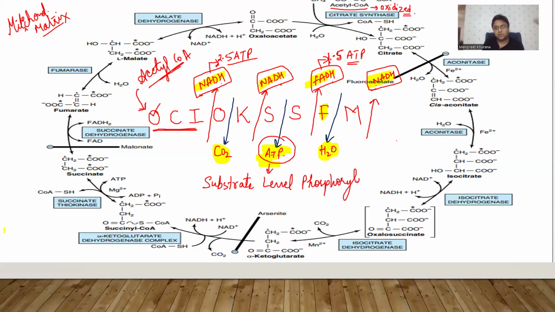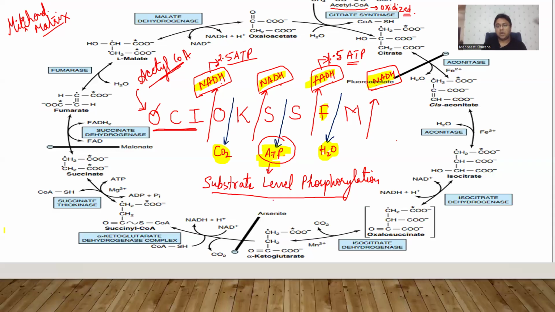ATP which is formed at the level of substrate itself is called substrate level phosphorylation, and ATP formed from NADH or FADH with the help of oxidative phosphorylation is known as oxidative phosphorylation, where one NADH is giving rise to 2.5 ATP and one FADH is giving rise to 1.5 ATP according to the latest concept, right?